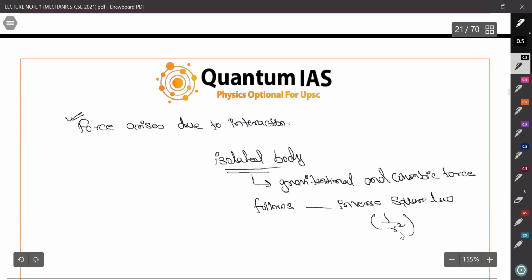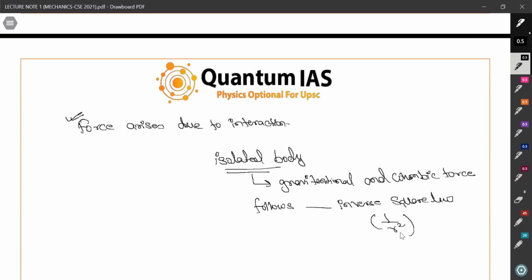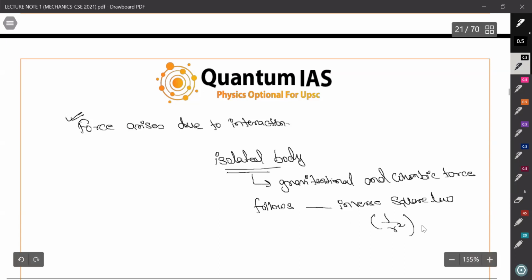So force decreases according to this. If we move the body to such a large distance, we can get an isolated body from here.